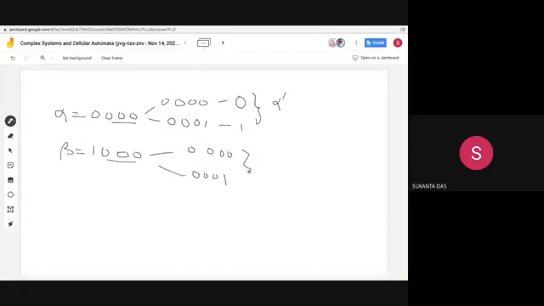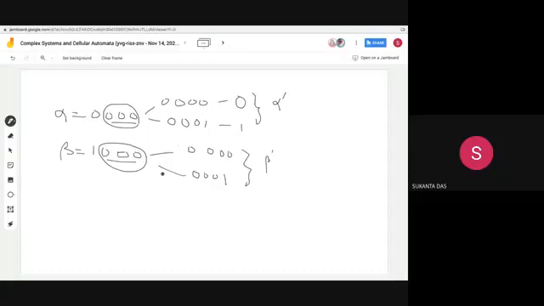See, I have to choose alpha dash from 0 and 1, and I have to choose beta dash from here. Observe that in both cases, from alpha and beta, I am getting the same possible sets, here 0 and 1. Why am I getting so? Because the last 3 bits for alpha and the last 3 bits for beta are the same. So if they are the same, then after shifting you'll get the same set, right? So how can I decide?